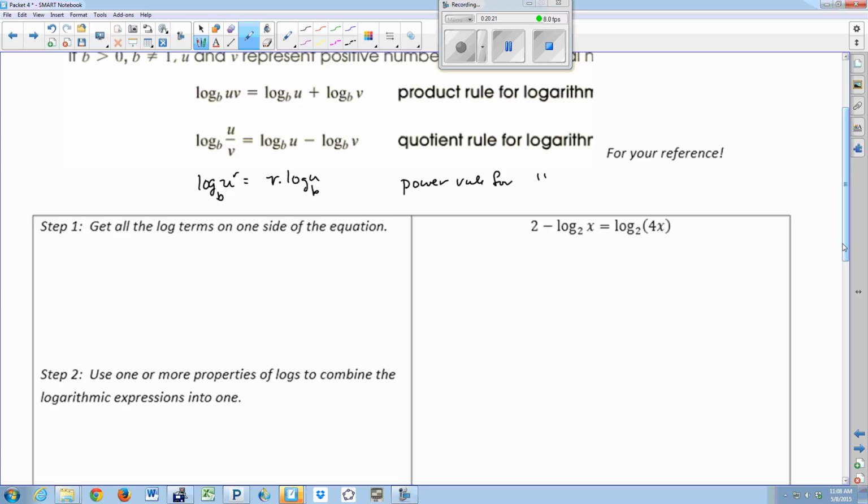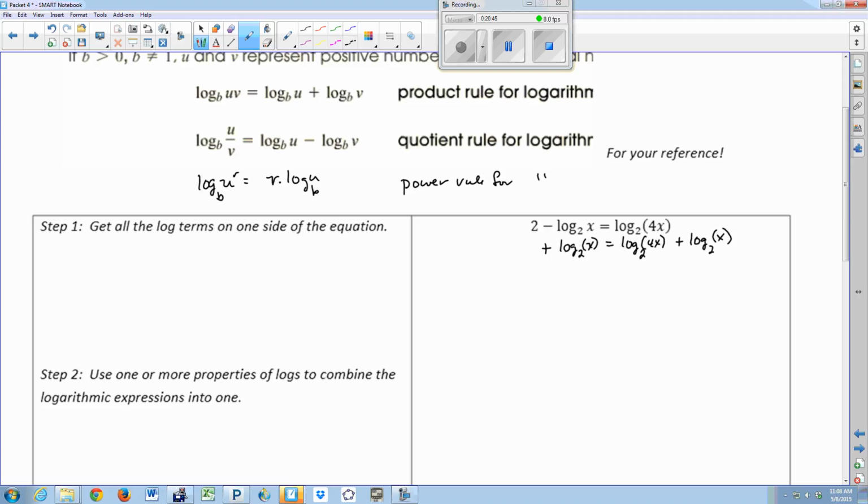And it doesn't matter which side you bring it to. So I'm going to add log base 2 of x to both sides. And just out of habit, I always put my input into a log in parentheses. That's just my habit.